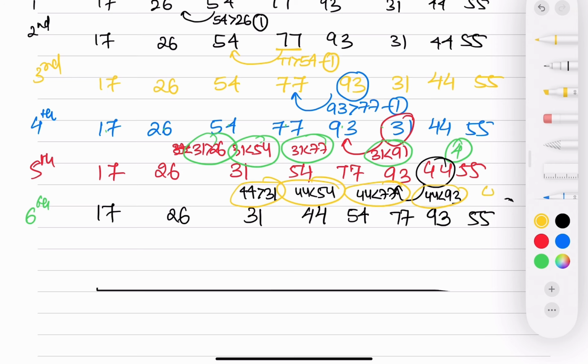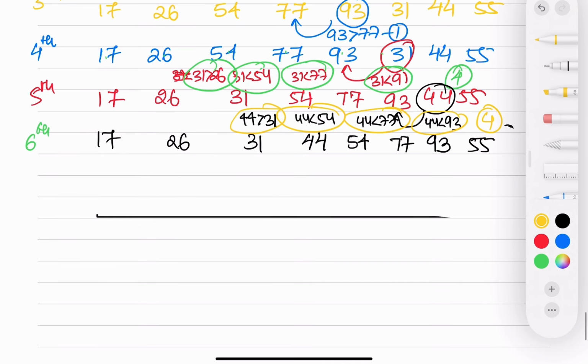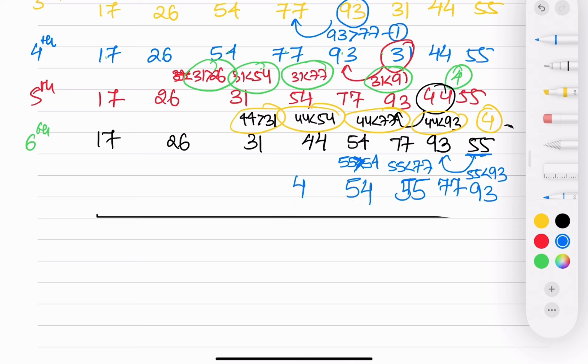At the last, I'll compare 55 here. Is 55 less than 93? Yes, so 93 will come here. Is 55 less than 77? Yes, so 77 will come here. Is 55 less than 54? No, 55 is greater than 54, so 55 will come here and 54 stays. This is the seventh iteration.